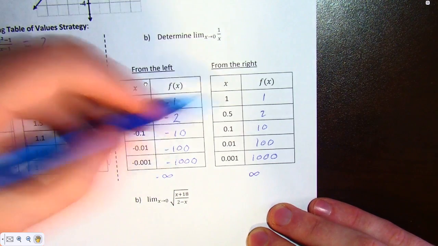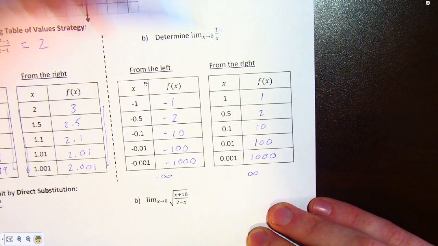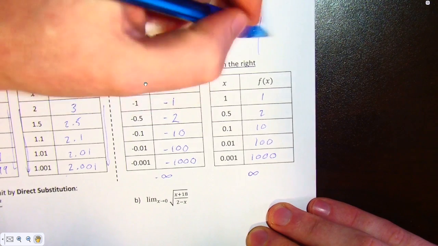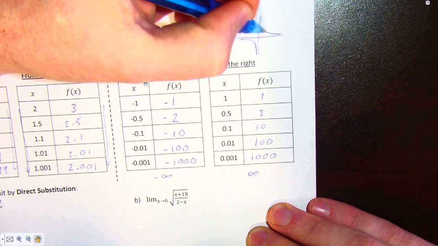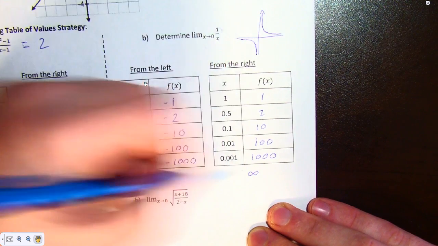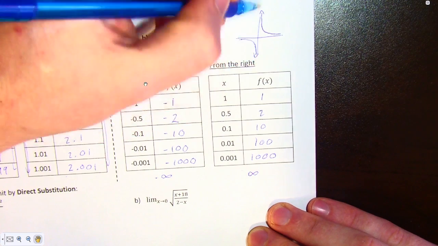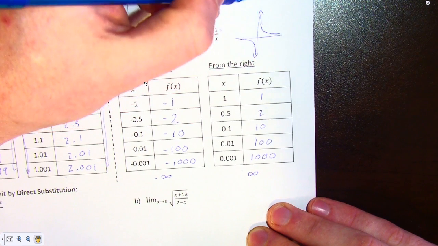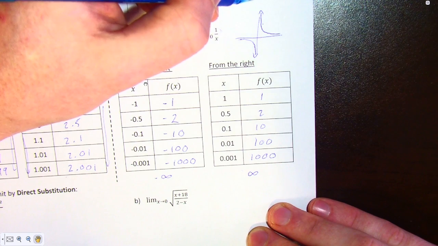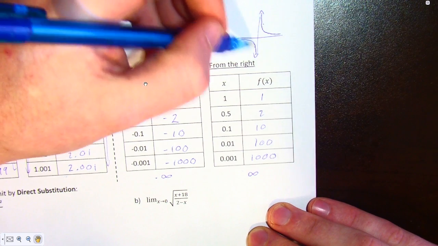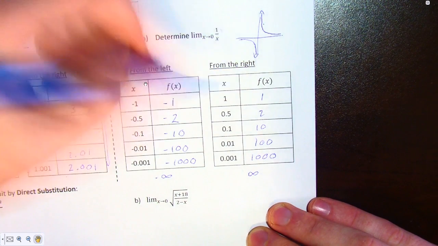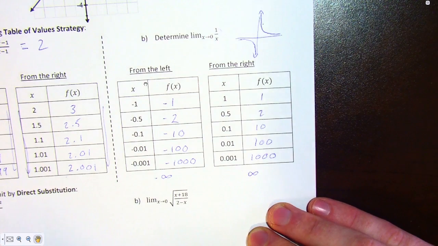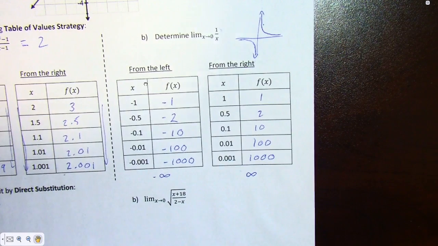And if you think about this, I'm sure you've graphed 1 over x lots of times, and it's going to give you this shape like this, and you can see that this is exactly what's happening because you've got an asymptote on the y-axis, and so this is going up and approaching infinity, while this one's approaching negative infinity on the left. And that's sort of the point of a limit, that you can get as close as possible. But as you know, with an asymptote, we'll never actually reach infinity or negative infinity.